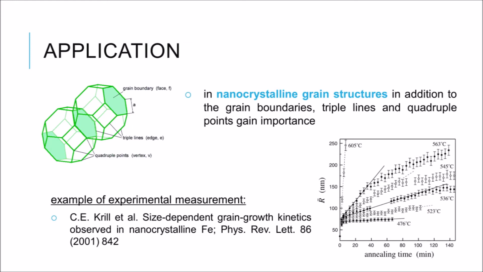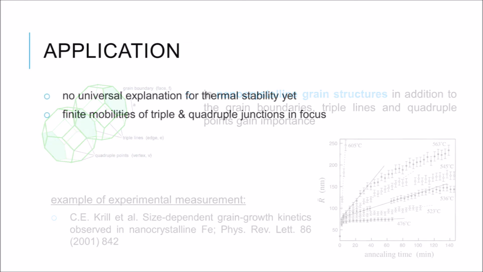And this is quite different compared to microcrystalline grain growth in iron. Because if you go to larger grain sizes, you will realize that your average radius is a square root function of annealing time. So apparently in the nanocrystalline size regime, there are changes in the grain growth kinetics.